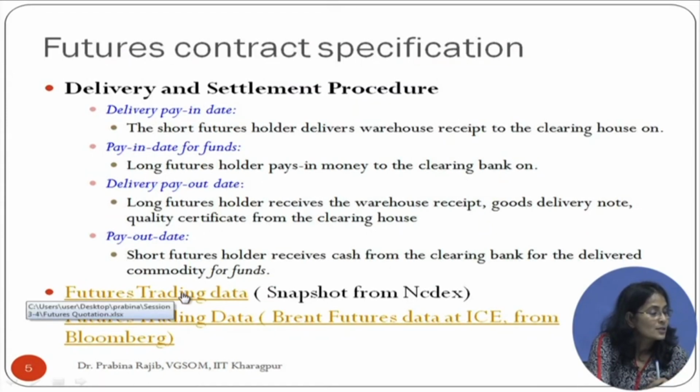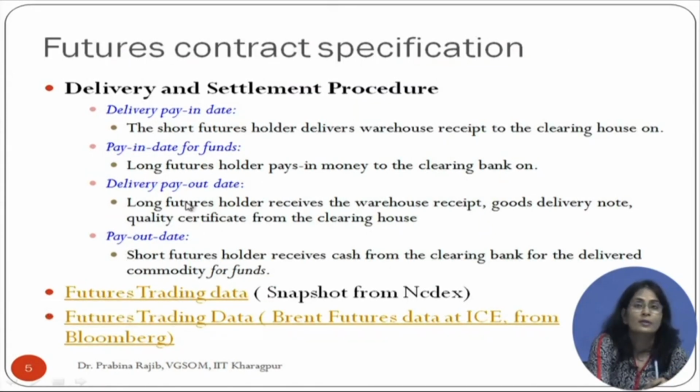I have also explained in the previous sessions what is a delivery pay in, pay out: delivery pay in date, pay in date for funds, delivery payout date, and that will be payout date for funds.